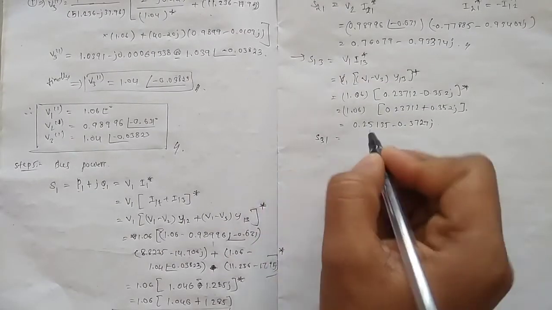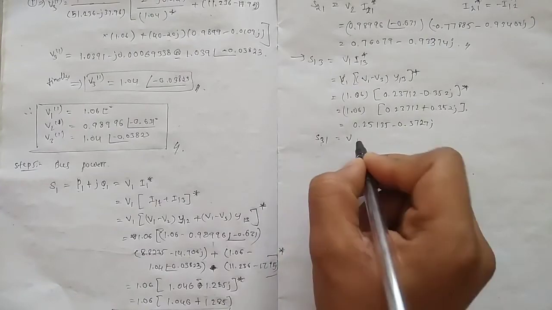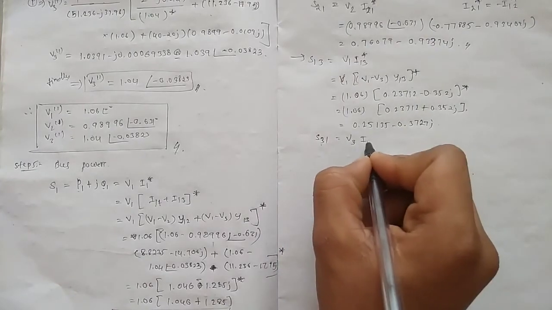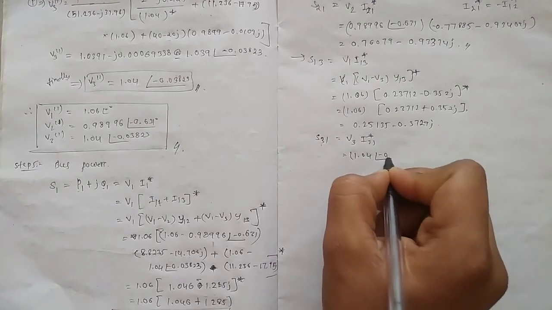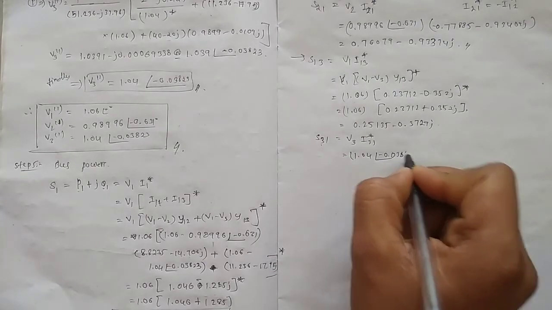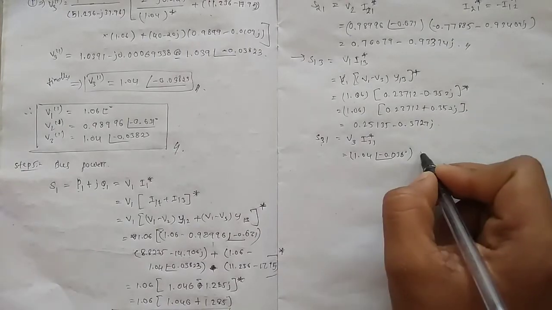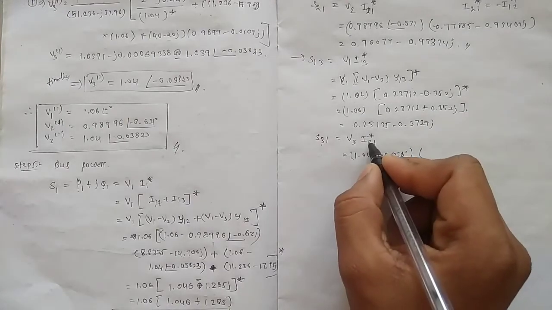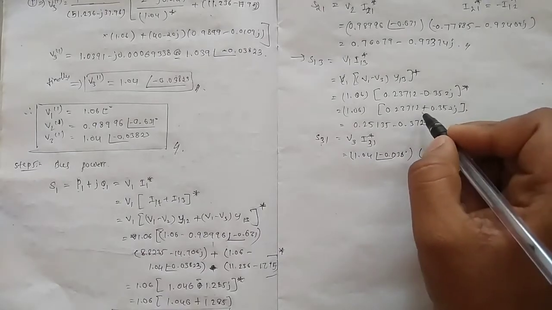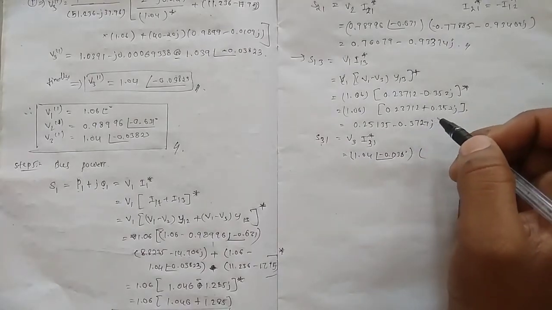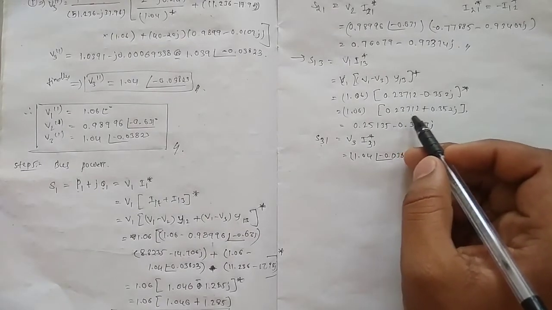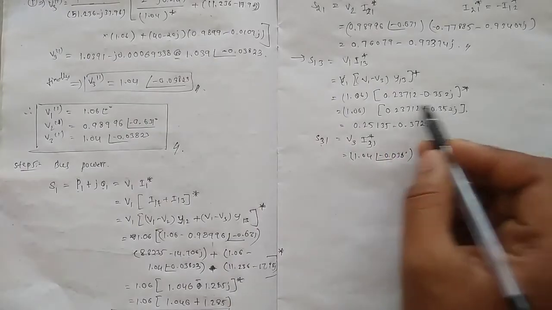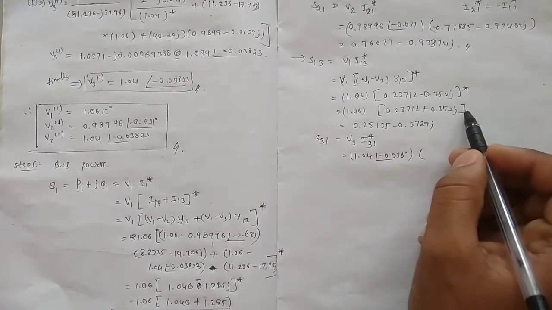Similarly for S31, we are referring to bus 3, therefore I31 conjugate. For V3 voltage we have 1.04 angle of 0.0380. And now I31 conjugate is this. Okay, I31 conjugate total solution. I31 is equal to I31 star.